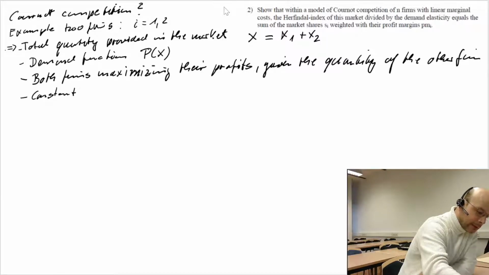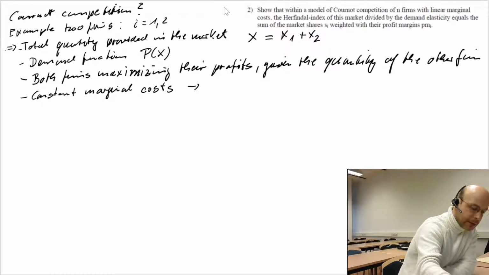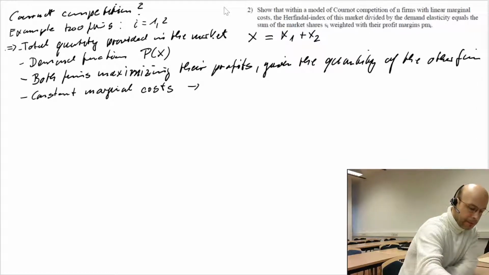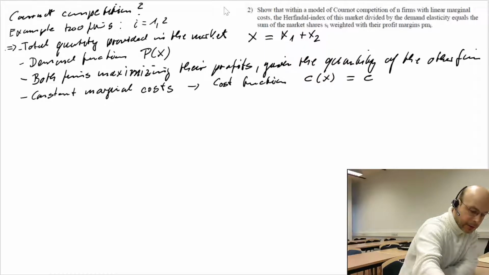Constant marginal costs then means that we have cost functions that look like C of x is just a constant ci times xi.